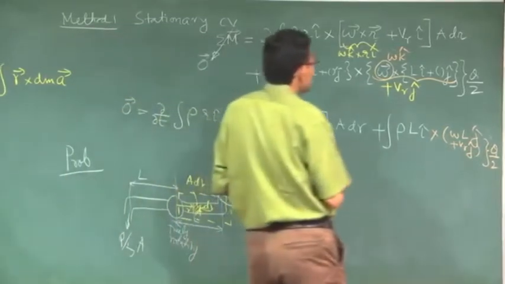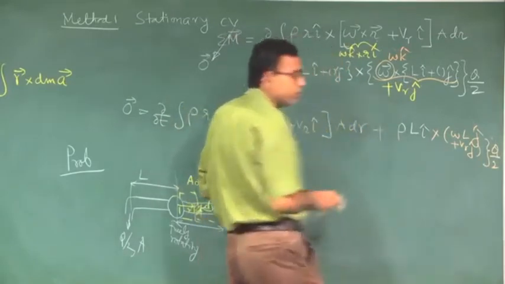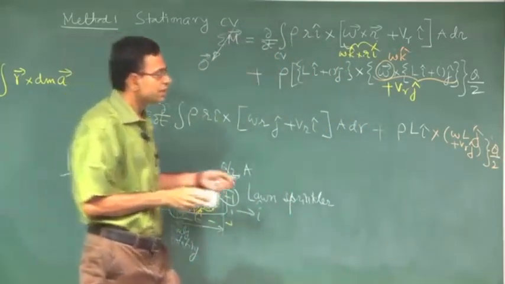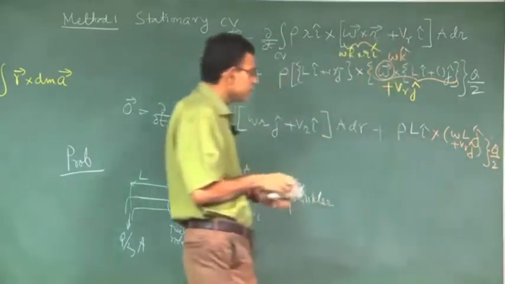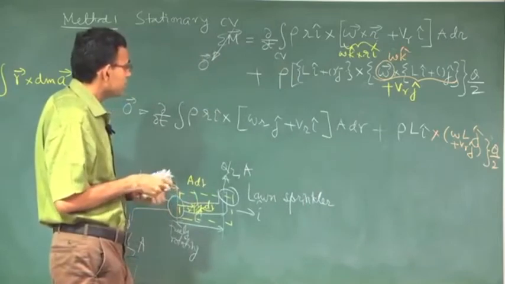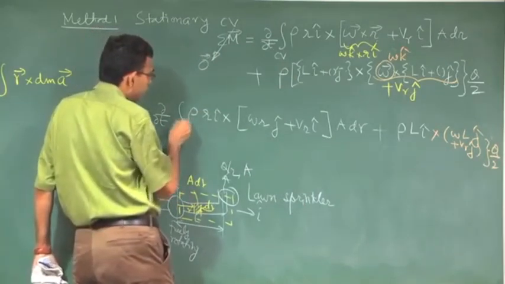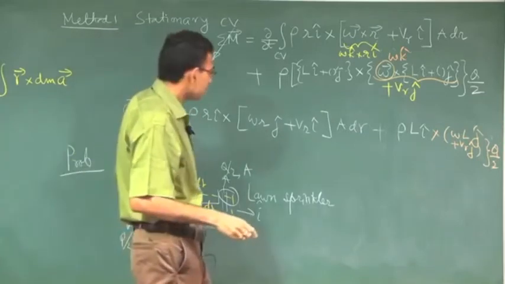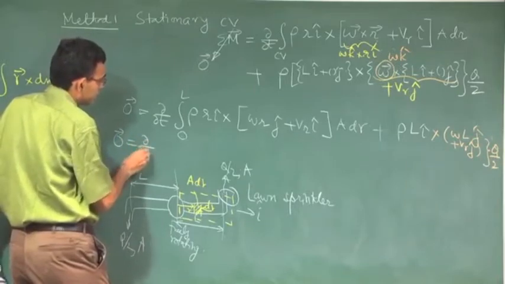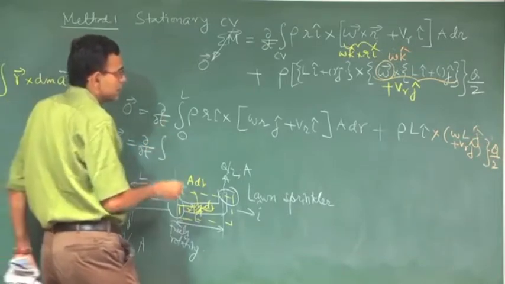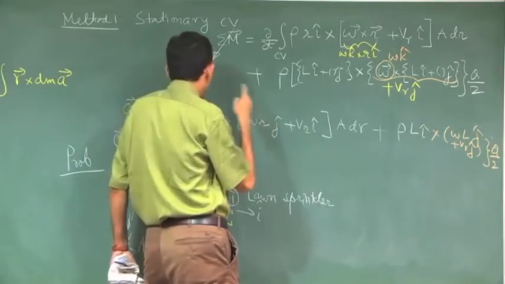Let us forget about the integral because we have already assumed a uniform flow. So this Q has come out as a result of integration only. Then this will be 0 to L. So I cross I will not matter, but I cross j will matter.